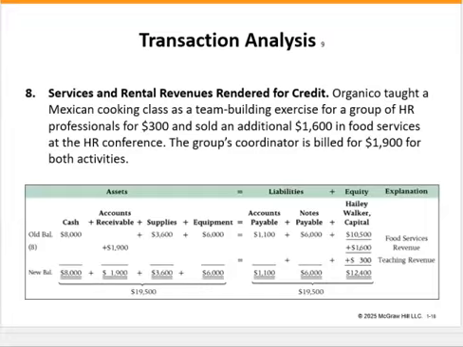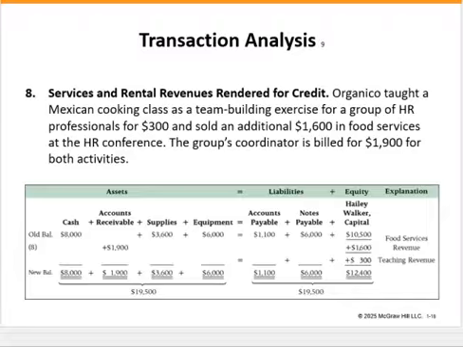Okay, so it's revenue. So we've got two different types of revenue. We've got a teaching revenue for 300 and we've got a food service revenue for 1,600. And again, revenue causes your equity to go up. So we're going to add both of those to our equity to give us a total equity of 12,400.